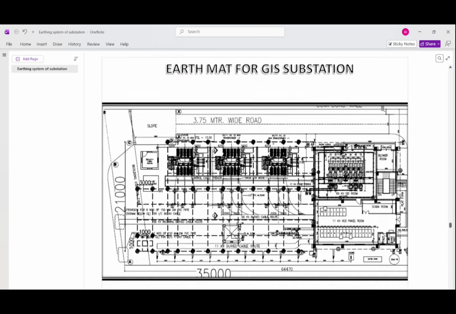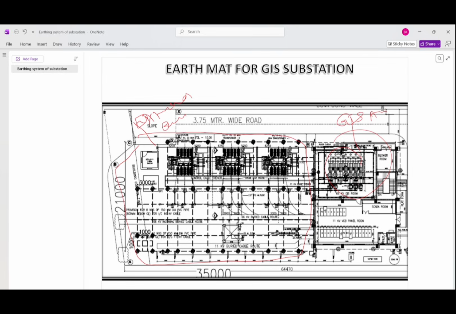Earth mat for the GIS substation building. You can see this is the transformer yard. External earthing, and this is the GIS area.